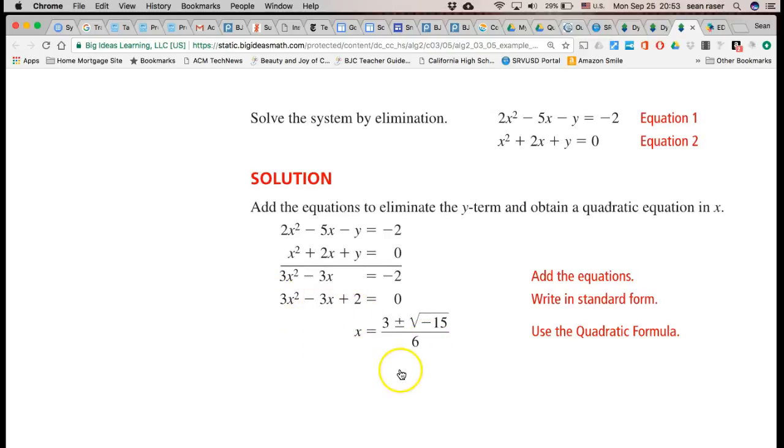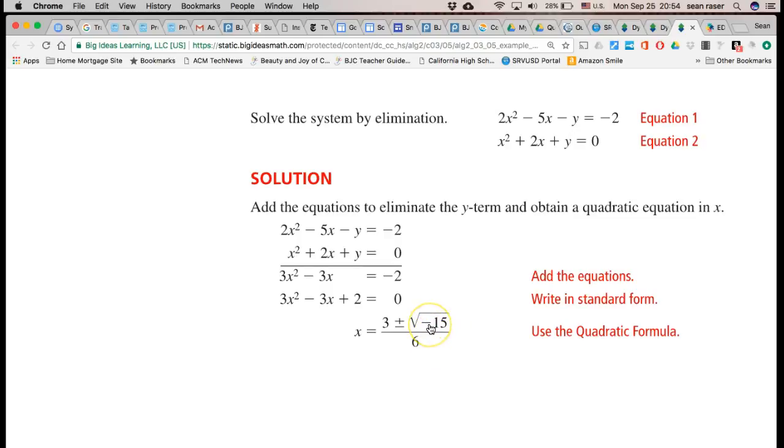And if we use the quadratic formula, which again you can go through on your own, you get negative b, so we get 3, plus or minus the square root of b squared minus 4ac, which gives us 9 minus 24, so we get negative 15 over 6. Now, here's an interesting case because we see right here the negative under a radical sign. Remember, that's our discriminant.